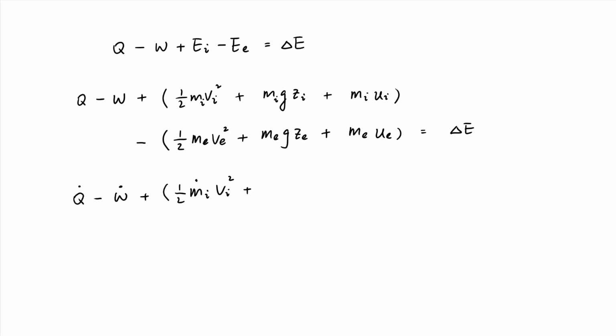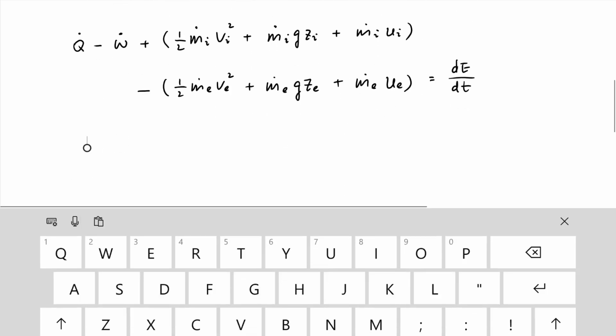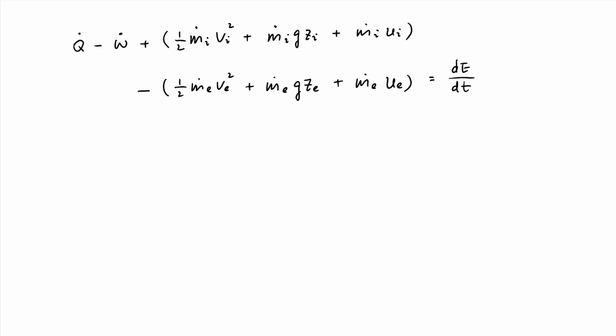And the same thing happens to the two remaining terms, m dot_i g z_i plus m dot_i u_i. The same thing happens to the exit. The right-hand side becomes the derivative of capital E over dt. So now we're a step closer to the final solution.